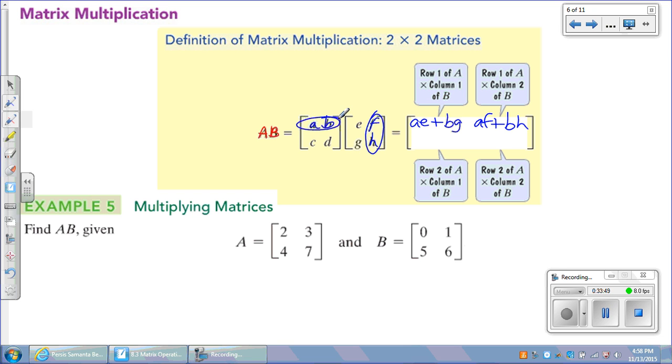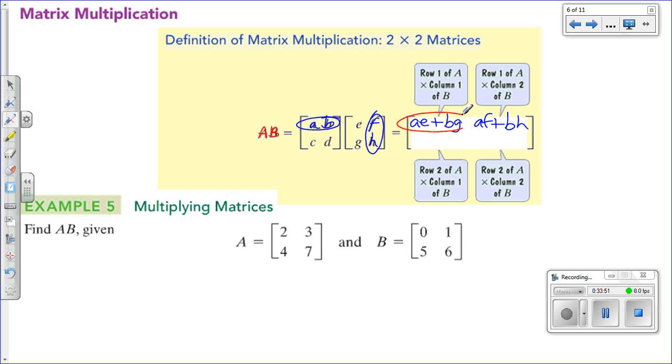Remember, if we were to determine the location of this entry, that will be first row, first column. And this one is first row, second column. If you notice, we multiplied the first row of the first matrix times the second column of the second matrix.